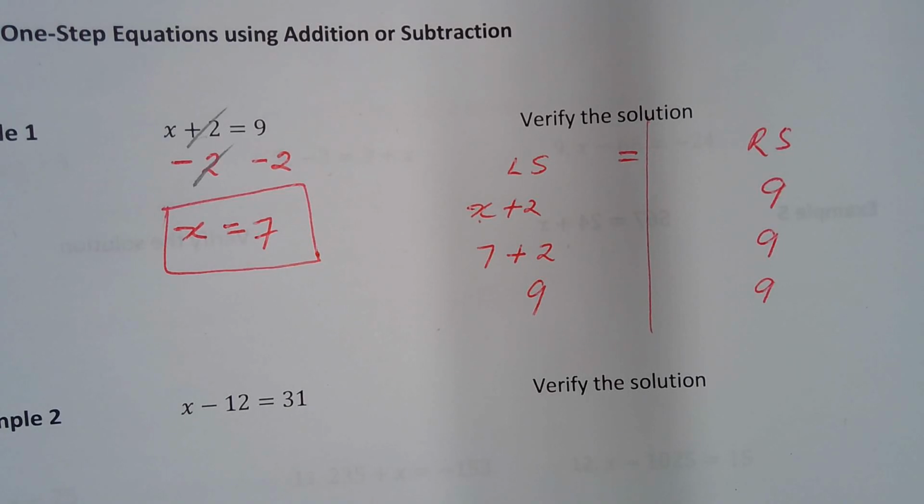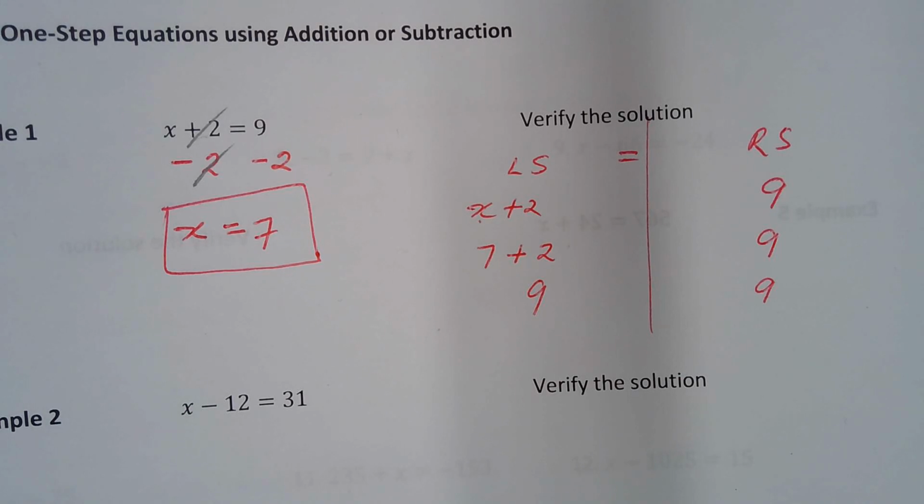Now, let's say I made a mistake and I got 11. I'm going to try to make a mistake here, okay? Because I want to prove a point. Let's say I made a mistake and I say, oh, I'm going to add 2, and this is my answer.